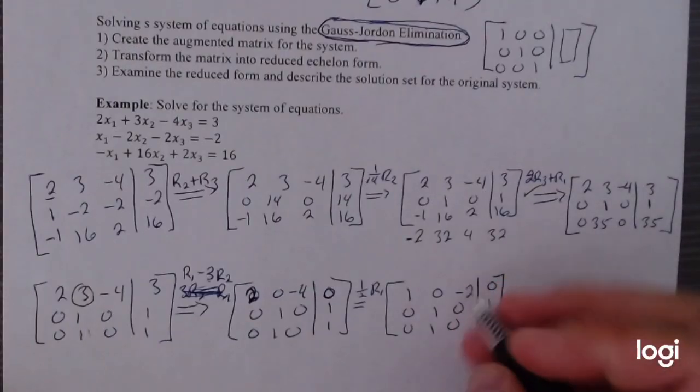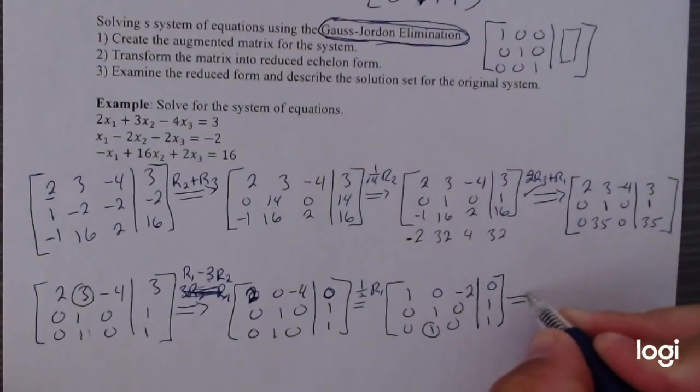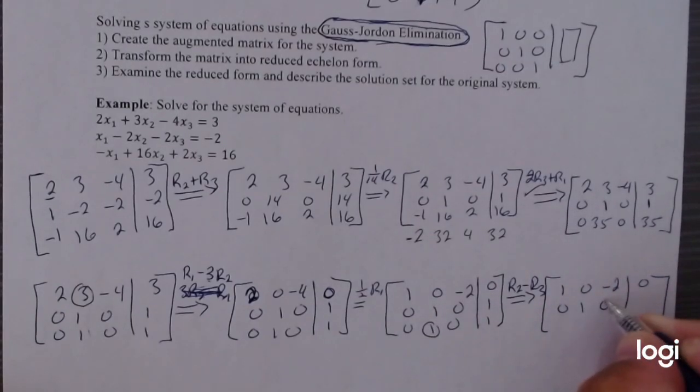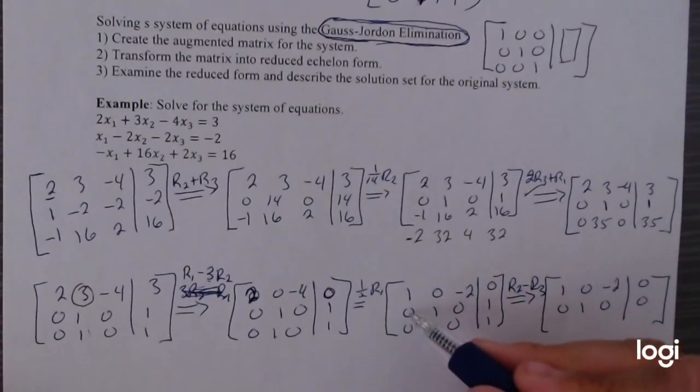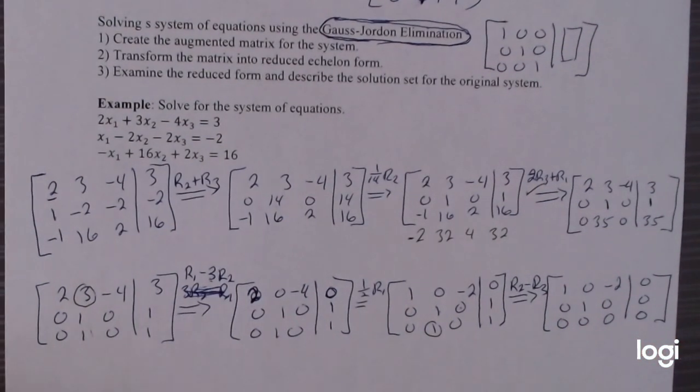So all I'm going to do now, I just need this to be a 0, which is pretty easy. I'm just going to now subtract row 2 minus row 3. And keep everything else the same. So that's minus that, 0, that minus that, 0, that minus that, 0, that minus that, 0. Oh, that's interesting. Okay, a whole row of zeros.